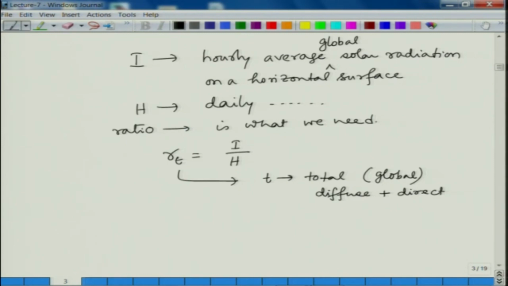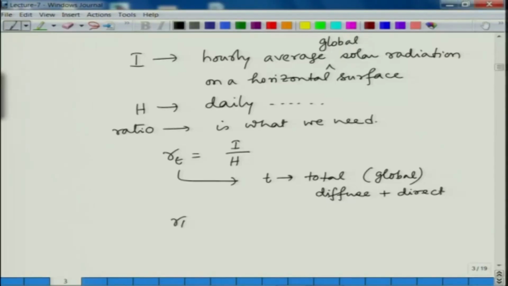Now, on the basis of several mathematical modeling as well as statistical correlations, people have come up with the value of RT. This RT is exactly calculable and it is a function of the hour angle for the hour you are considering and the sunrise or sunset hour angle.